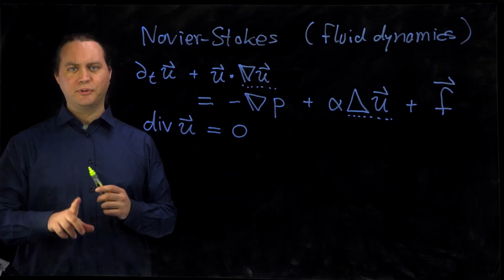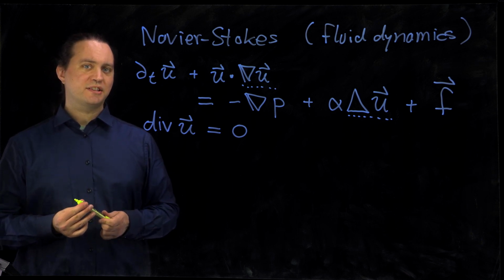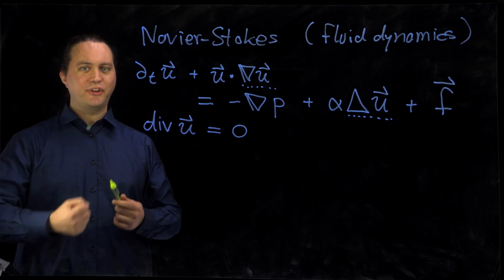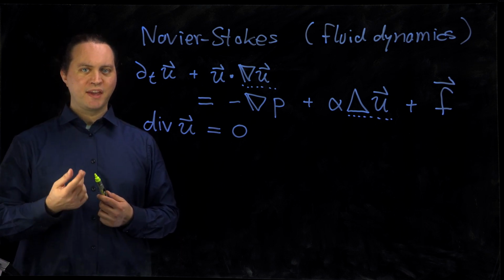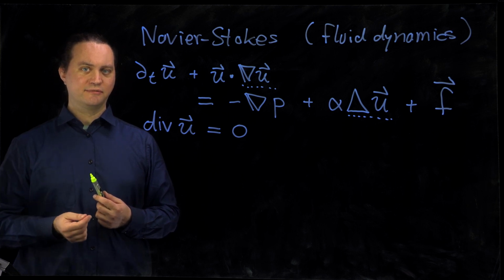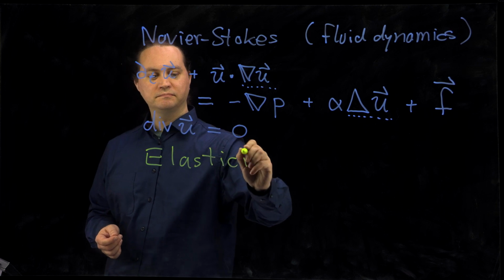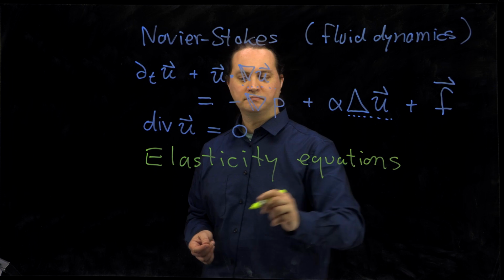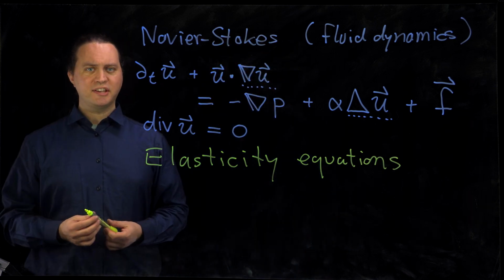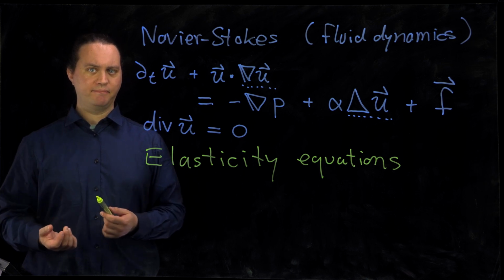Finally, let's go from fluids to solids. Another partial differential equation that describes some phenomena in physics that can be stated again once more in terms of vector calculus is the so-called elasticity equation. The elasticity equations, of course, are particularly important in mechanical engineering.